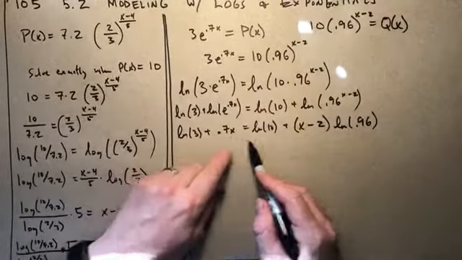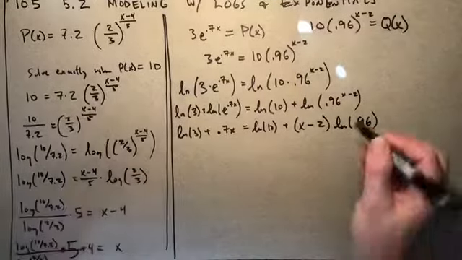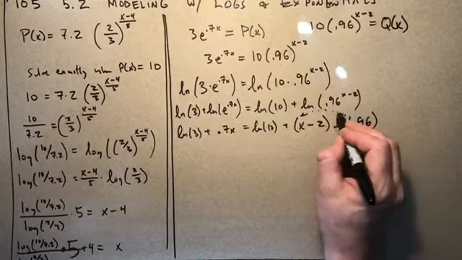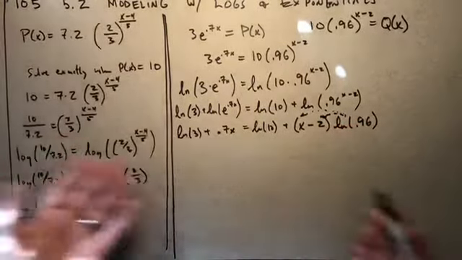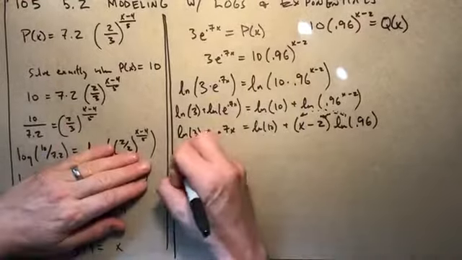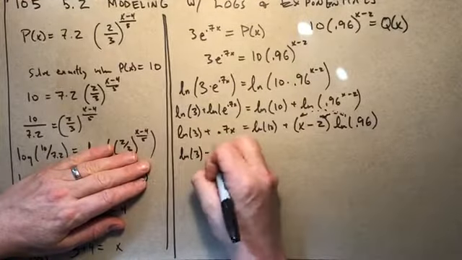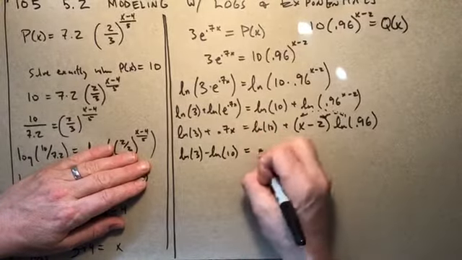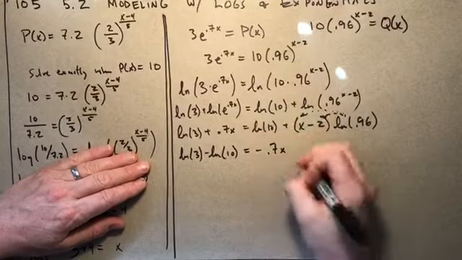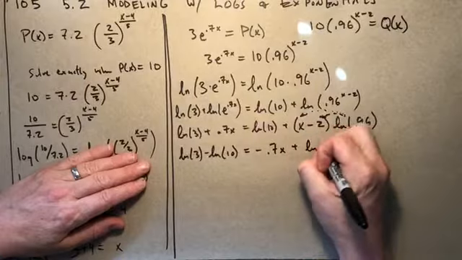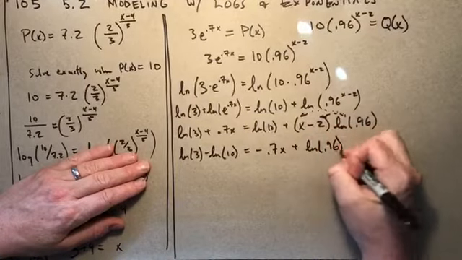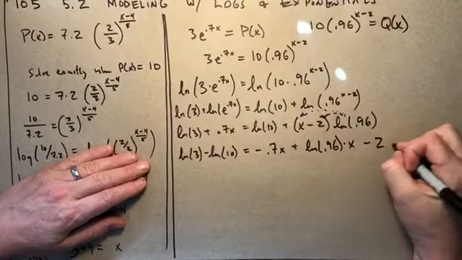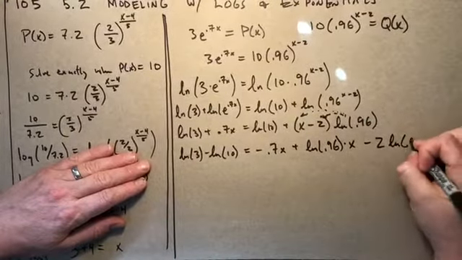Let's subtract 0.7x. But the other thing that I want to do is distribute this natural log of 0.96 into this. So we'll have natural log of 3 minus the natural log of 10 is equal to negative 0.7x plus natural log of 0.96 times x, that's the distribution there, minus 2 natural log of 0.96.